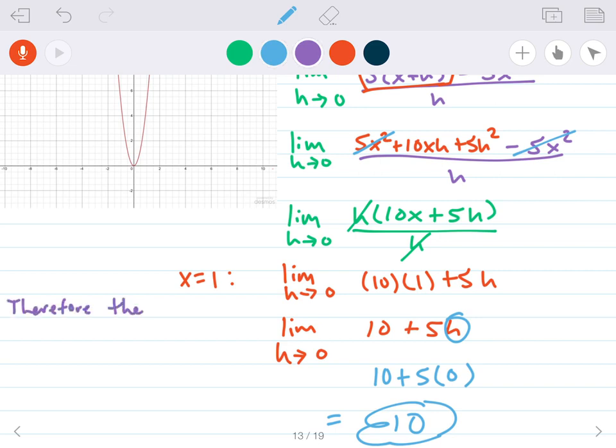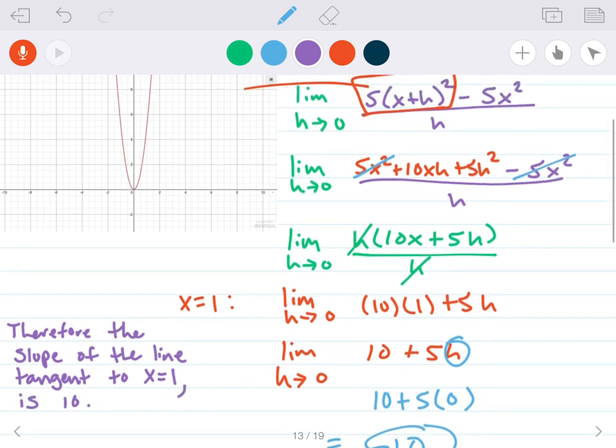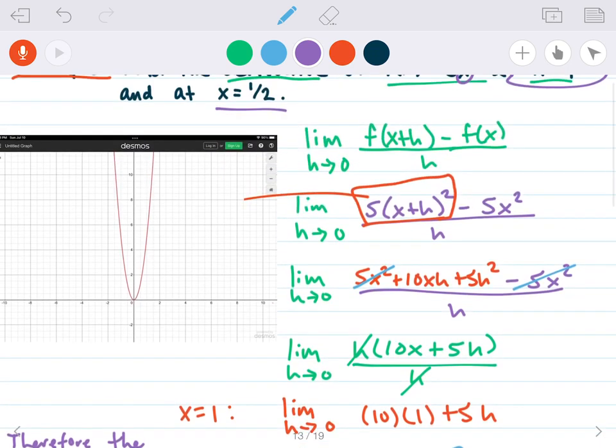Therefore, the slope of the line tangent to x equals 1 is 10. Okay, so let's scroll up here. X equals 1 is maybe right here. And so the slope of this tangent line is going to be 10.